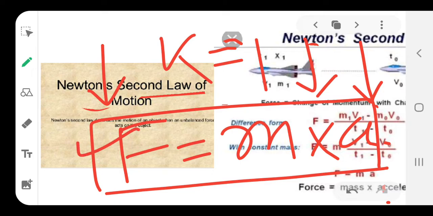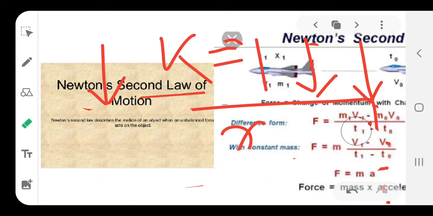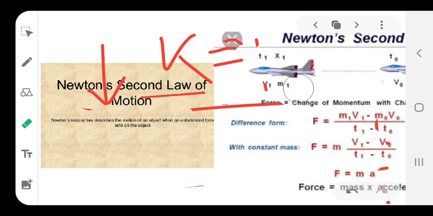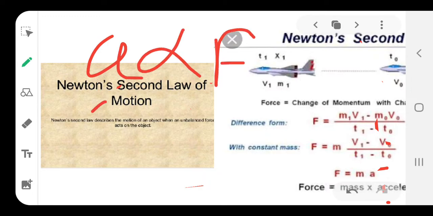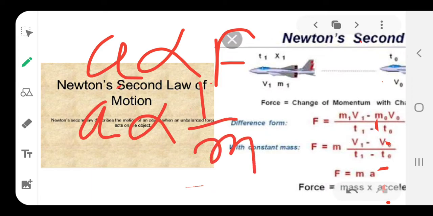We will use this relation in a lot of numericals, so please make sure you know how we derived F equals ma. The basic understanding is simple: acceleration produced in the body is directly proportional to force and inversely proportional to the mass of the body, and then you correlate the terms and you get the answer.